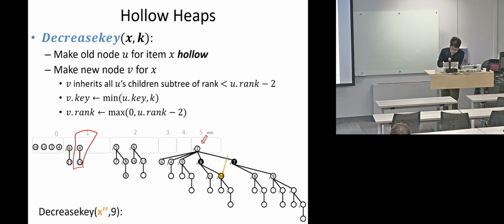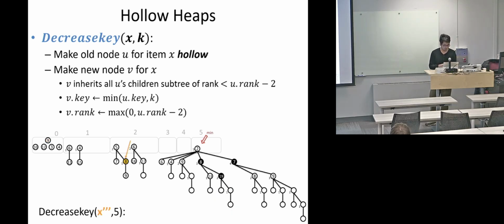Now maybe I want to decrease the key of this guy to 9. So I just make this guy hollow and move all the children except the biggest two, but this guy has only 2 children, so I cannot move any children. So the new one just has no children.